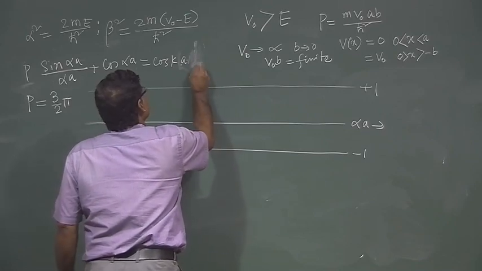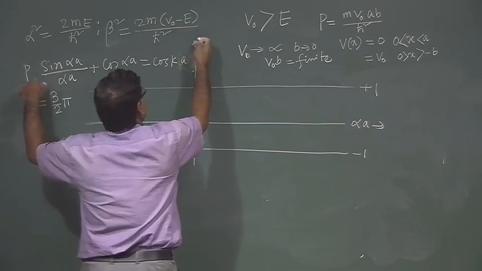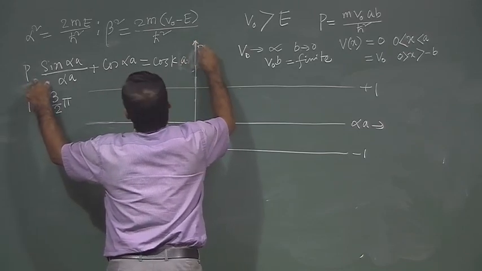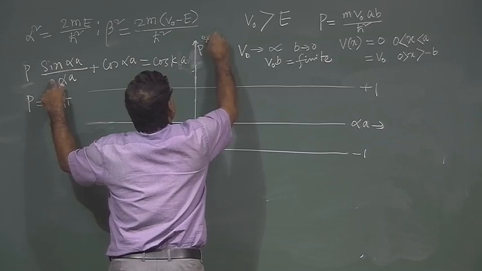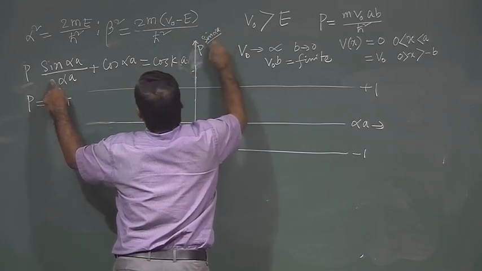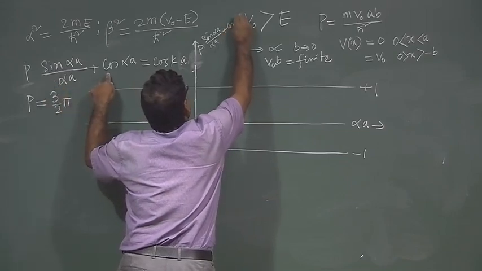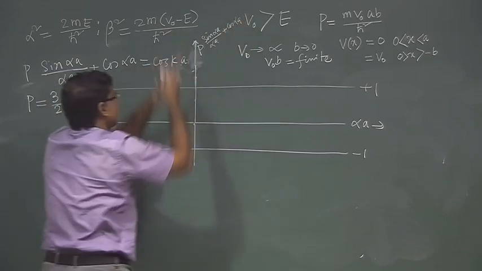So, its value is here. So, this is the function, along this axis basically p sin alpha a by alpha a plus cos alpha a, right. Along this we are plotting.